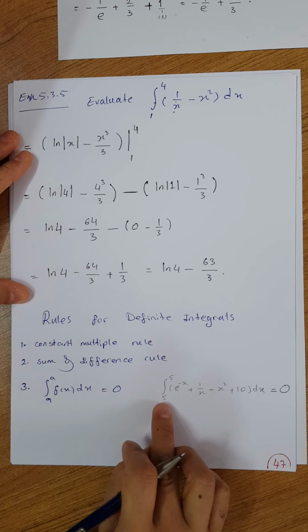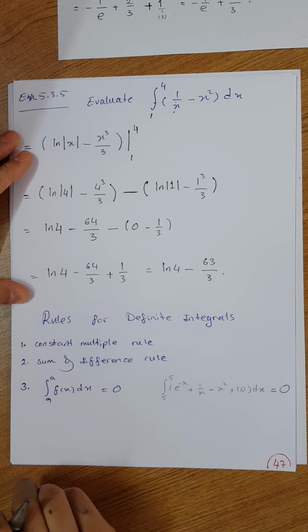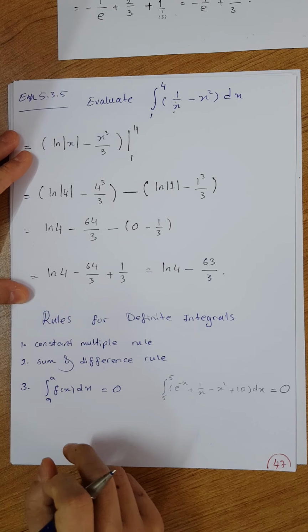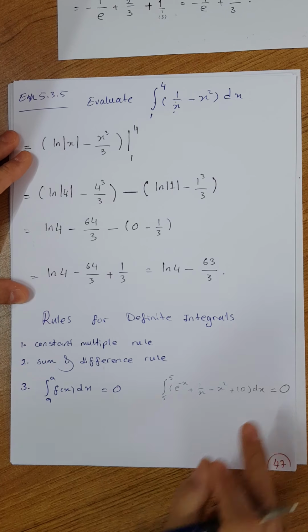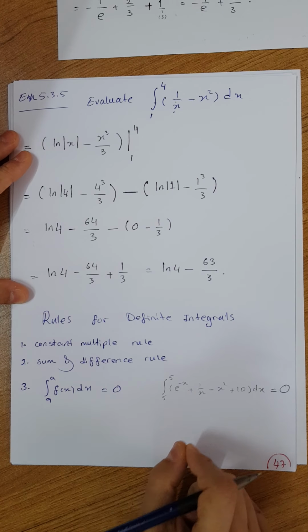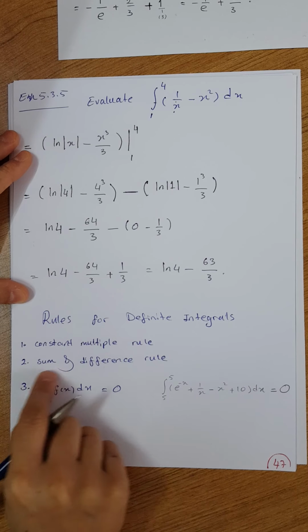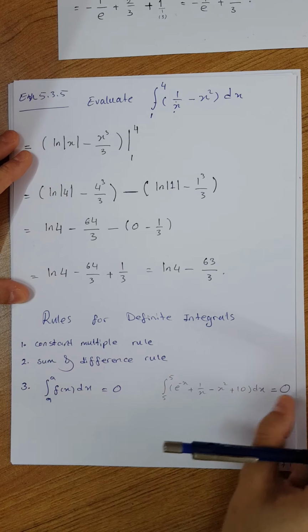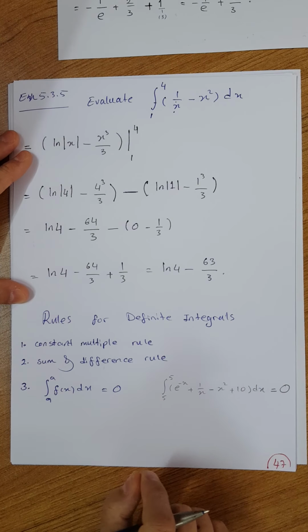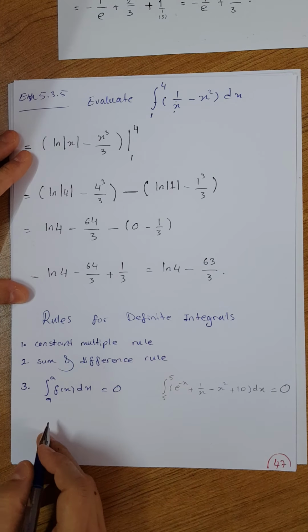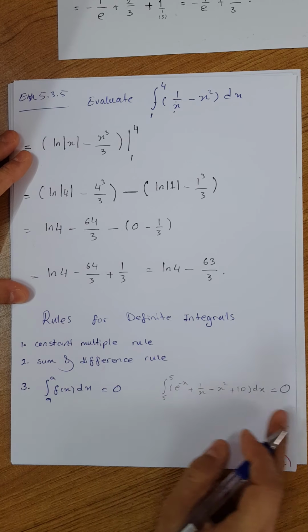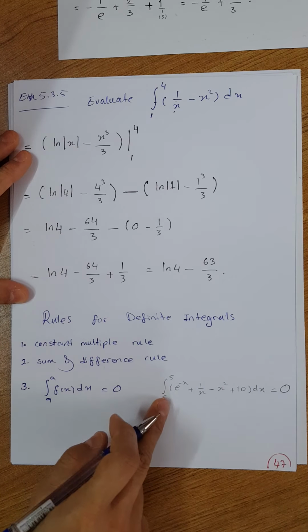When you see it is running from the same number to the same exact number, you're directly saying that this result is equal to 0. But you have to write the rule next to it as a cause. Just write that rule next to this one. You will get your full mark from that question. But if it is from negative 5 to 5, you will not get 0. Look, the numbers must be the same.